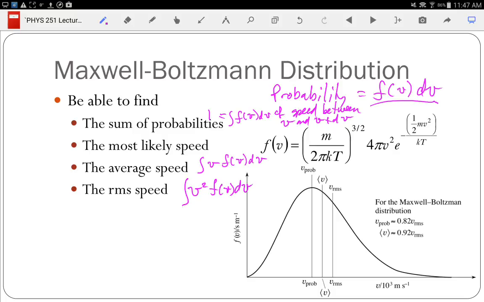And then what was the other part of RMS? Root. Now, of course, I do it in multiple steps with my math. I don't write it as an equation like this. But I do that integral, and our range of speeds is 0 to infinity.